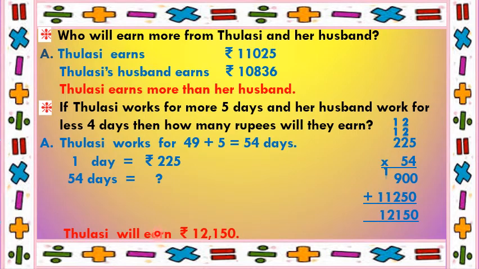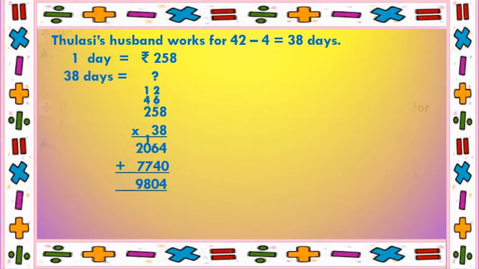So Tulasi will earn rupees 12,150 for 5 more days. That is total for 54 days. Now we will find how much Tulasi's husband will earn if he works for 4 less days.